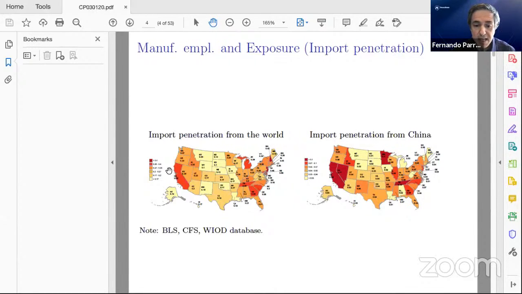And we can see that some states such as California, New Jersey, Delaware, or Georgia have heavy exposure to changes in tariffs from the world compared with the rest of the economy. On the right-hand side, we compute the import penetration from China. And similarly, we see that some states such as California, Nevada, Tennessee, and Minnesota are highly exposed to changes in tariffs from China compared to the rest of the economy.